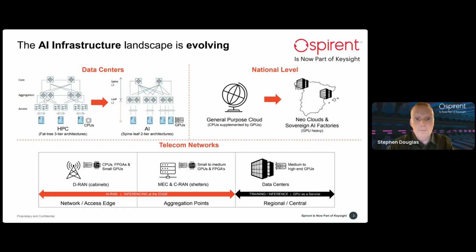And then at the bottom, you have your telecom networks. Similarly, AI infrastructure here is starting to be distributed right across the radio, the edge, and the central data centers. The central data centers are evolving to host GPU as a service to efficiently deliver on-demand AI acceleration to enterprises and sovereign AI ecosystems.